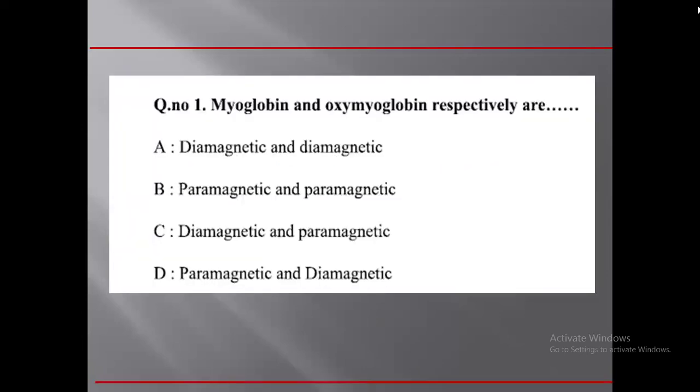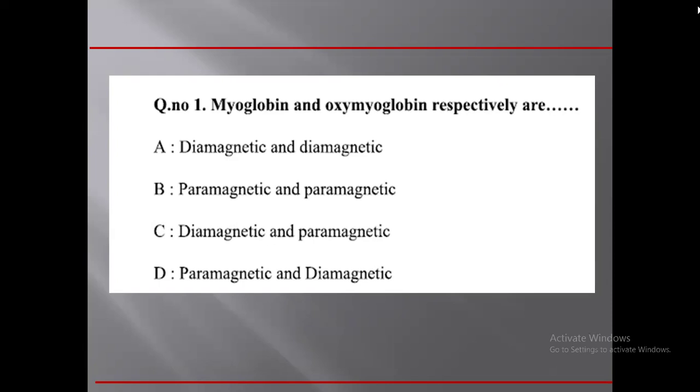Now in the question, myoglobin and oxymyoglobin respectively are known as. Here in myoglobin, 4 unpaired electrons are there, and in oxymyoglobin there is no unpaired electron. If unpaired electrons are there, that compound is paramagnetic.